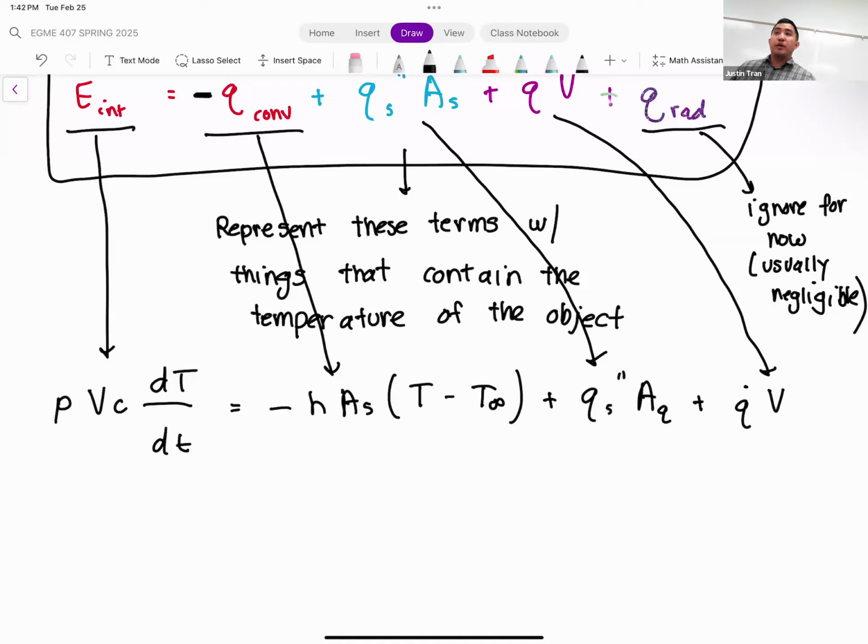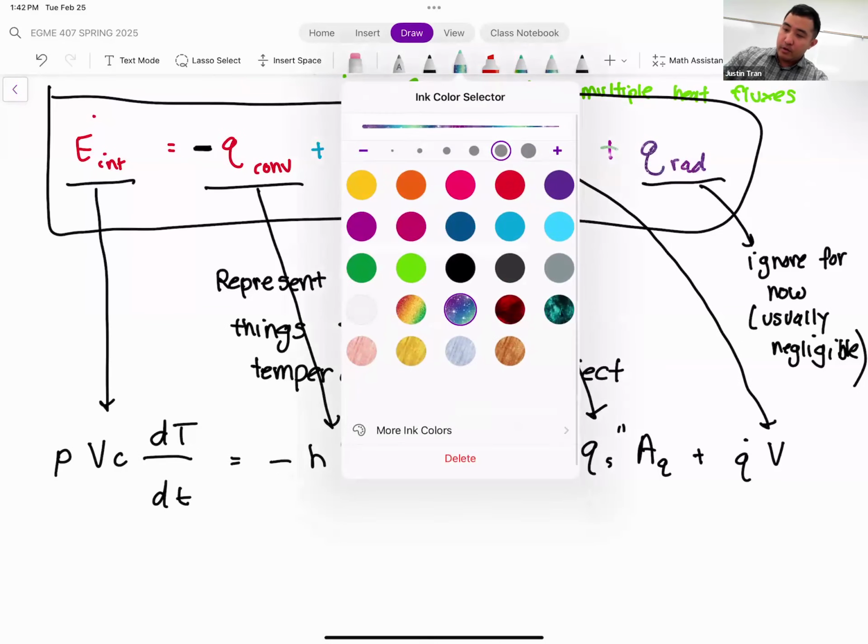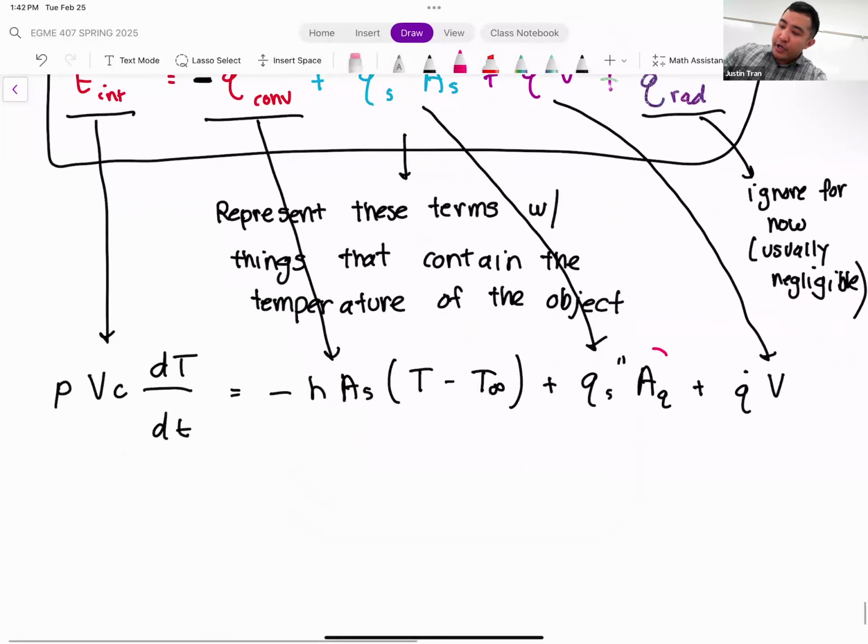A question from the chat. So even though I changed, for the area that's multiplied by the heat flux, I changed it from AS to AQ. The reason I changed this is because oftentimes the heat flux is not applied on the entire surface area. It's usually only applied on just a small section of the object. Yeah, it's a good observation.